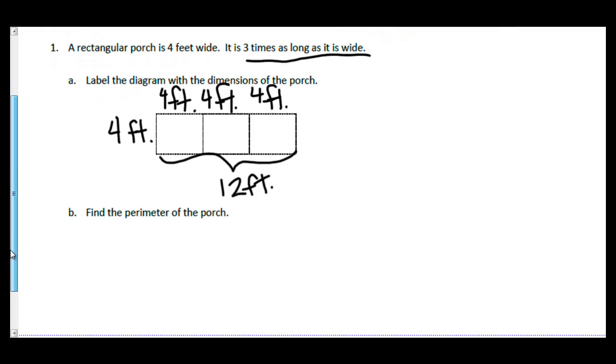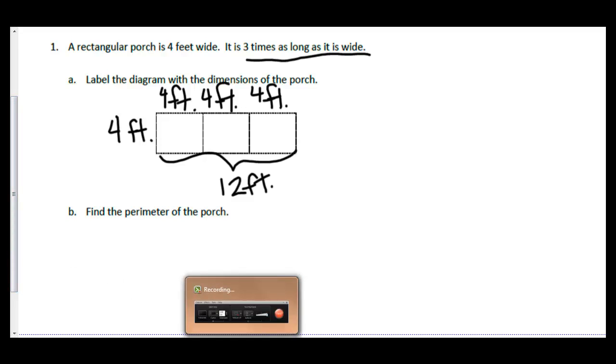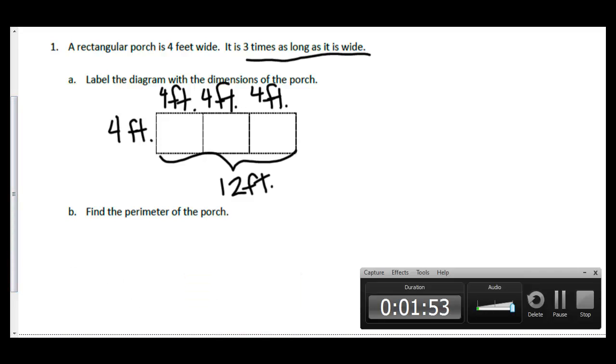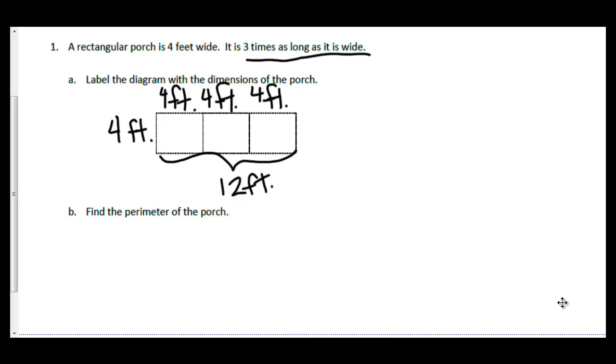Now we're going to find the perimeter of the porch. You can use any formula that you want. I'm going to stick with the formula of the perimeter equals 2 times the length plus the width. I'm going to start with the formula. Remember, the formulas are in your journal, so if you want to go back and look at them, there are 3 different formulas. I'm going to use this one.